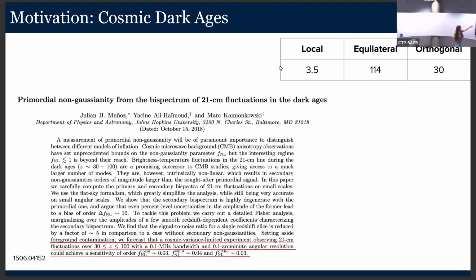So there is this very interesting work that people are doing by looking at the cosmic dark ages. If you go to redshifts of order 100, you have huge volumes. You can sample an incredible amount of modes. And in this case, you can start seeing some very interesting constraints of order 10 to the -2 for these parameters.